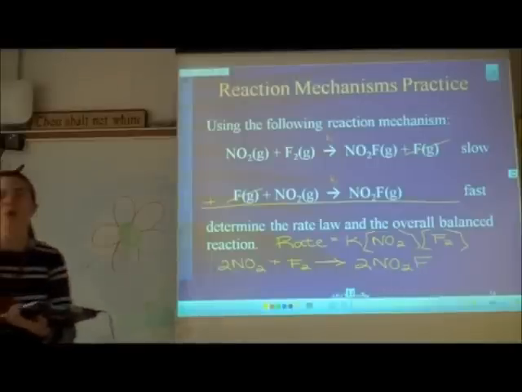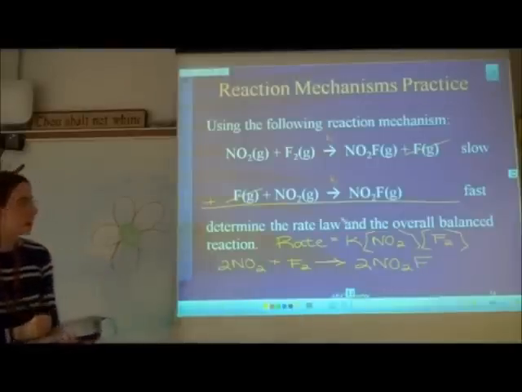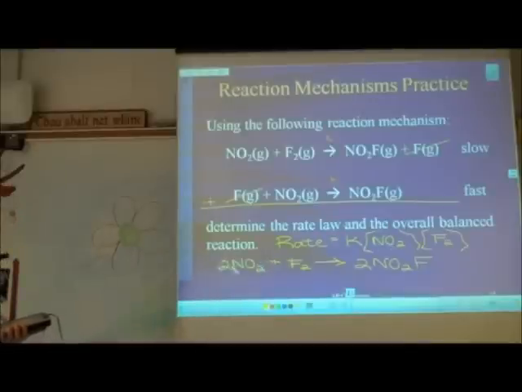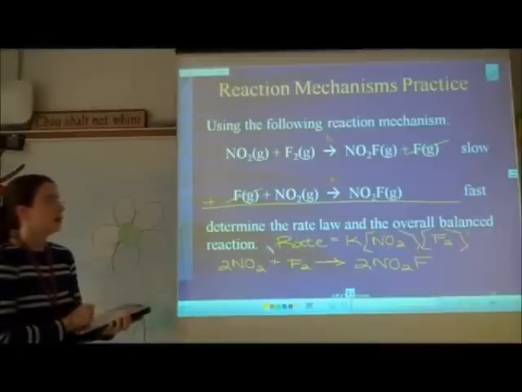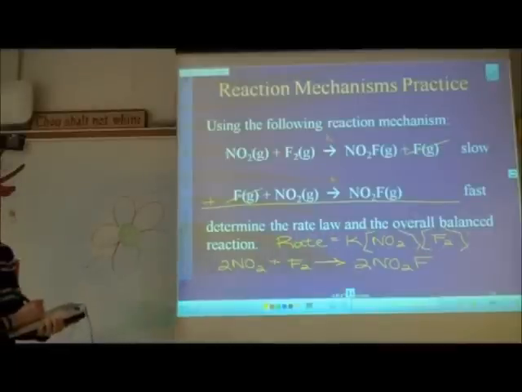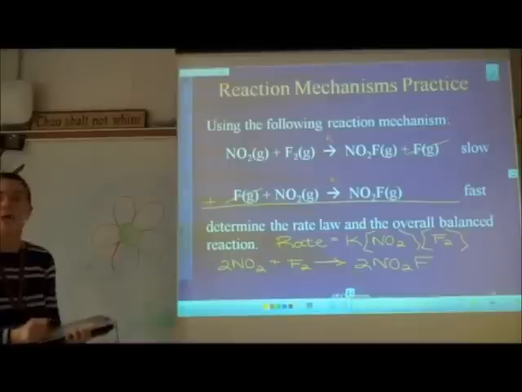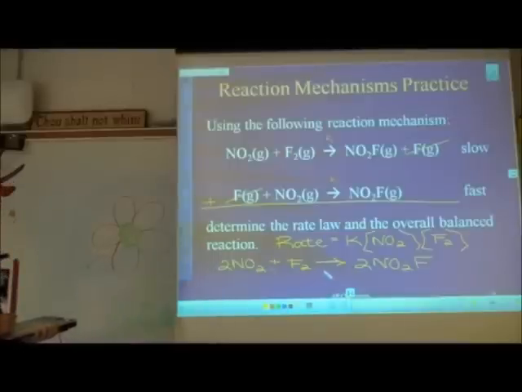I want you to notice, please, that the coefficients in the final equation do not match this rate law. They don't have to match. The rate law came from an elementary step. It didn't come from the whole thing.